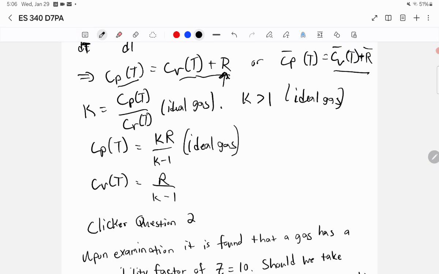And I suggest paper probably better because I have a hard time memorizing these as well. But Cp for an ideal gas, and that's true for both of these, it's ideal gas. Cp of T is equal to K times R divided by K minus 1, so it's going to be a constant. And Cv of T is going to be equal to R divided by K minus 1.